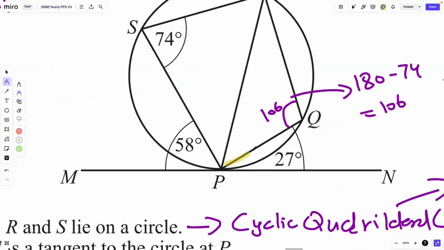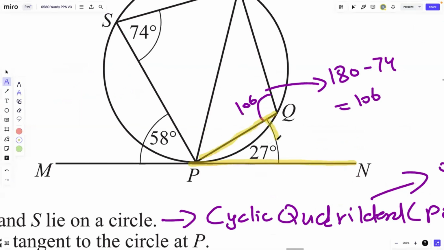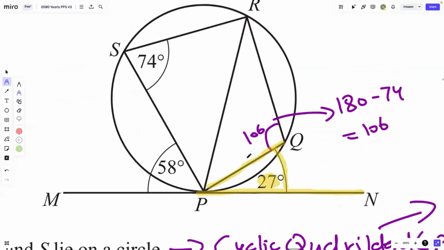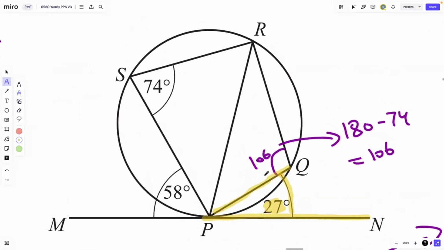We are looking at this chord, and the tangent is this. The angle between the chord and the tangent, which is this 27, is going to be the same as the angle opposite the chord in the triangle.